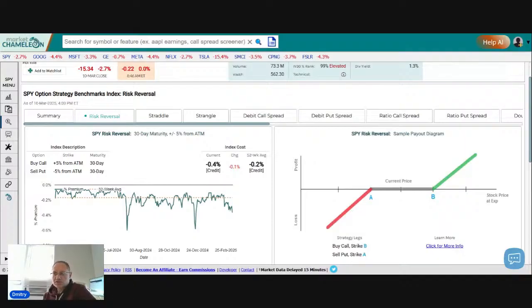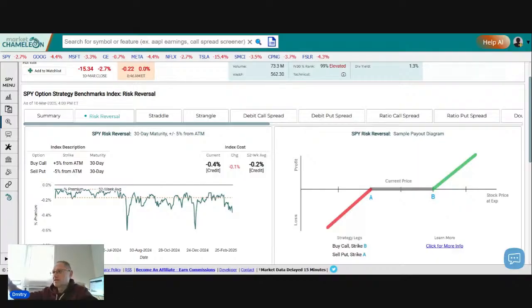So the idea there is, how much would it cost to buy the call relative to selling the out-of-the-money put? Buying the out-of-the-money call 5% above, selling the out-of-the-money put 5% below.